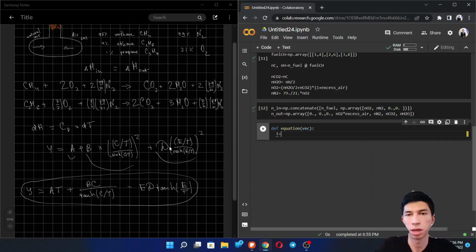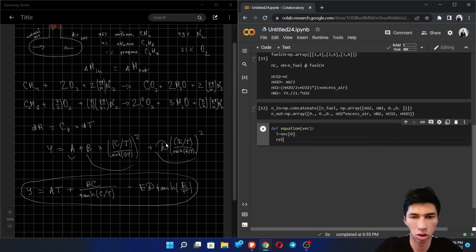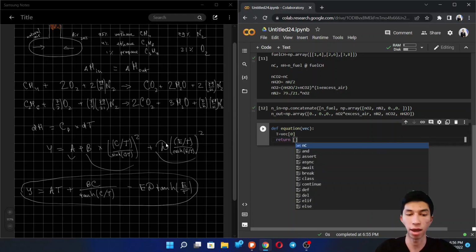Our vector is gonna be the temperature, the first element of the vector. And it should return the value for the difference in enthalpies as an array.